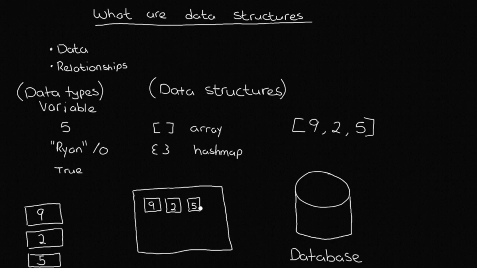That's where we can store it, in a database. A database is just somewhere where we can store all this data and all this information. All our variables and all our data structures can be stored within a database. A database is much more complex, but for now we can just think of it as a place where we can store all the data we want.